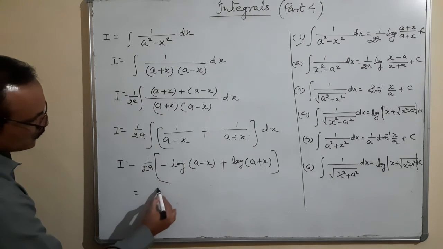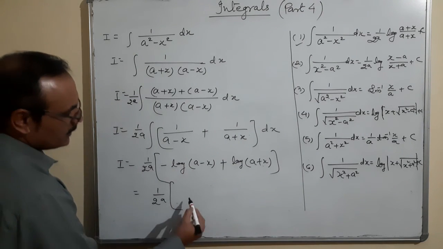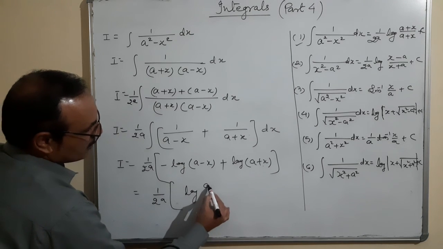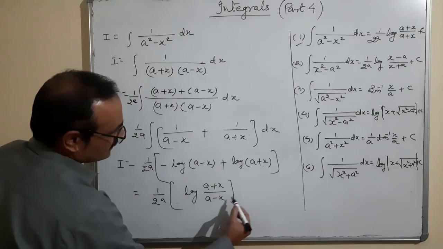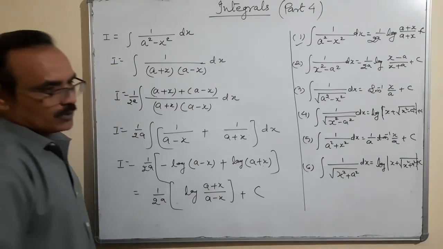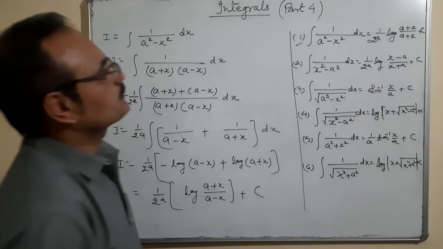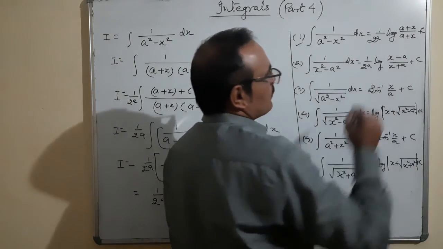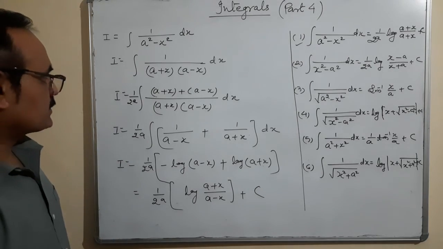So it is 1 upon 2a, as per the log rule log a minus log b equals log a upon b, log of a plus x upon a minus x plus c. Log is always positive, so it comes in magnitude form. So this is the proof of this result.